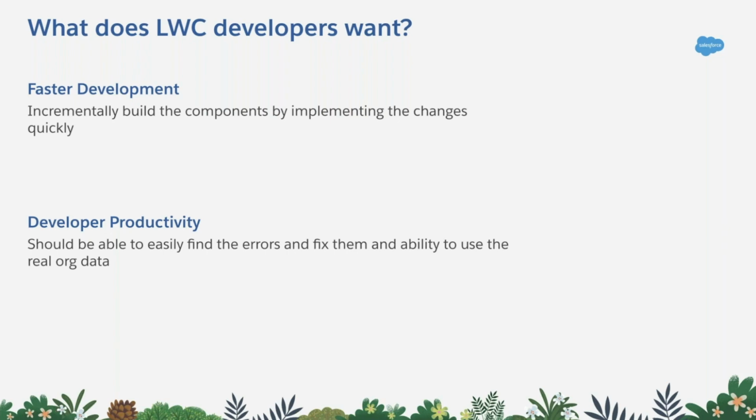A developer generally needs a faster development mode where he can incrementally build components, and it should also be easy to identify errors. So there should be better developer productivity and error control features in your developer environment.